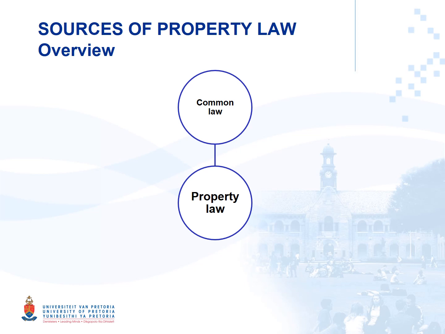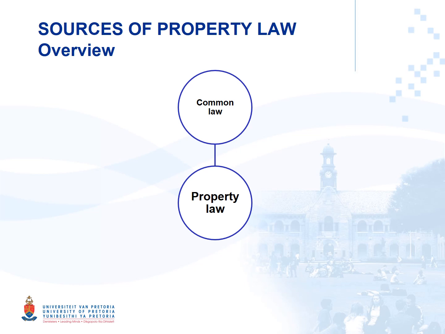Now, the common law can be found in the writings of the institutional writers. Just to name a few, the institutional writers include Voet, van der Linden, and Grotius. Importantly, the common law forms the backbone of the law of things.